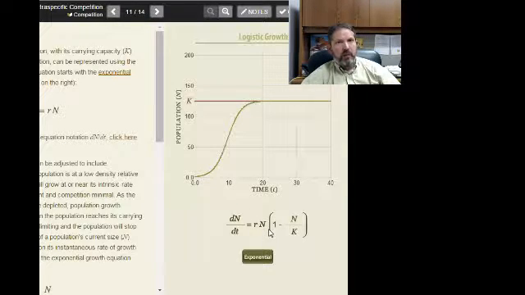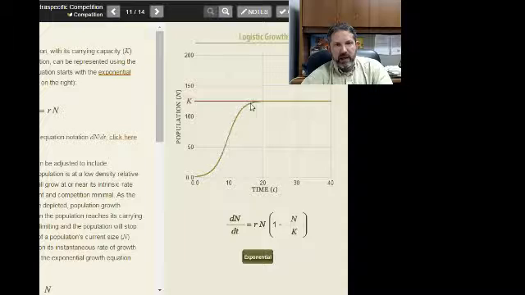So what we've done is, as the population approaches carrying capacity, everything slows down. Because now we're taking the growth rate of the population and timesing it by 0.1. It's only 10% of what it could be. And why does it go flat like that?